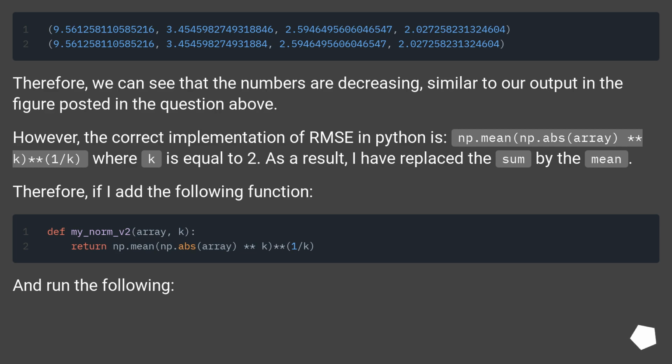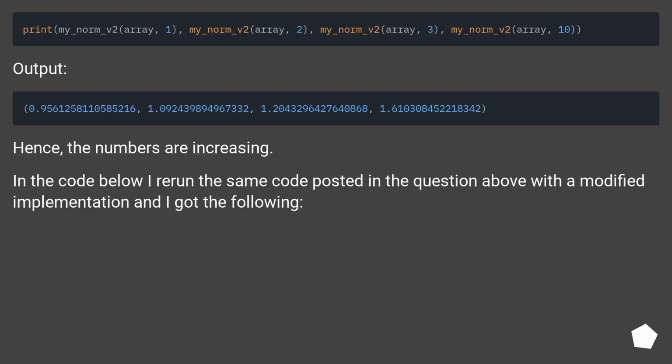Therefore, if I add the following function and run the following, output. Hence, the numbers are increasing. In the code below I rerun the same code posted in the question above with a modified implementation and I got the following.